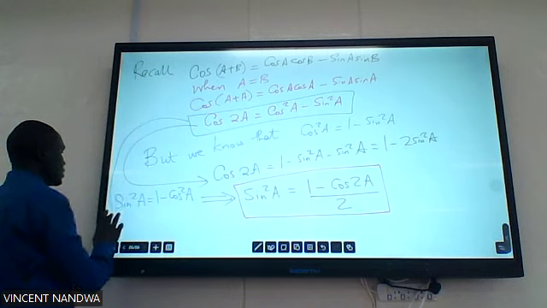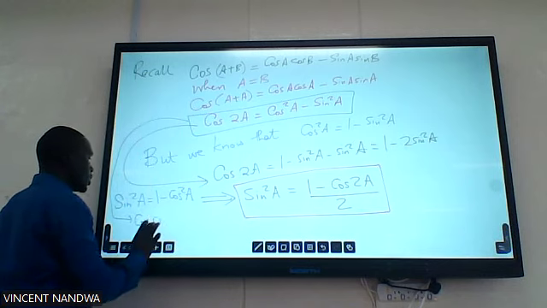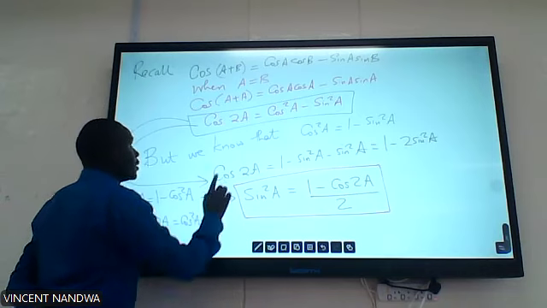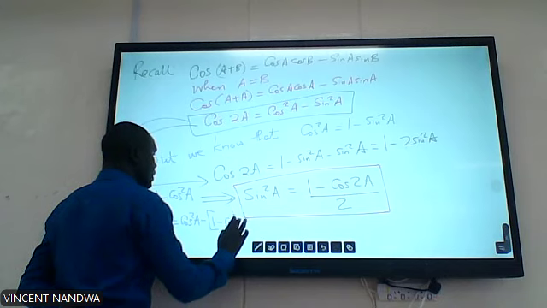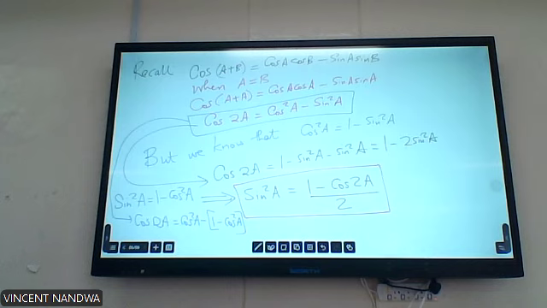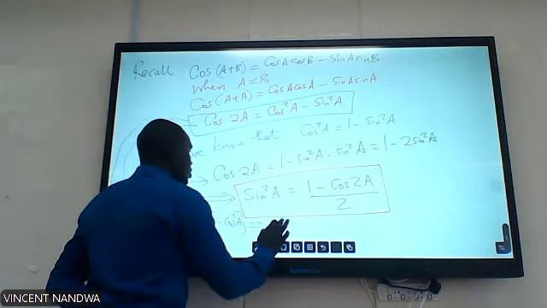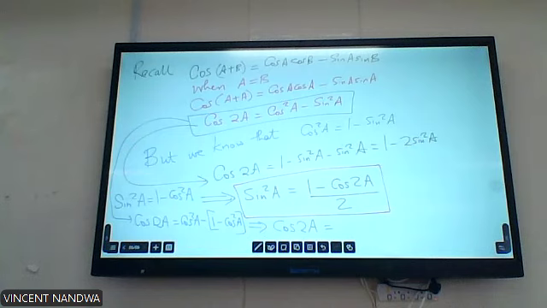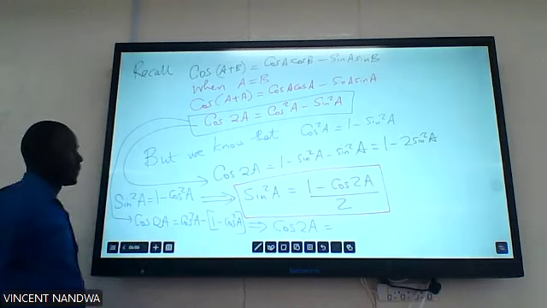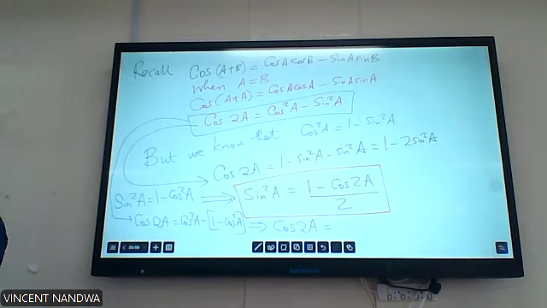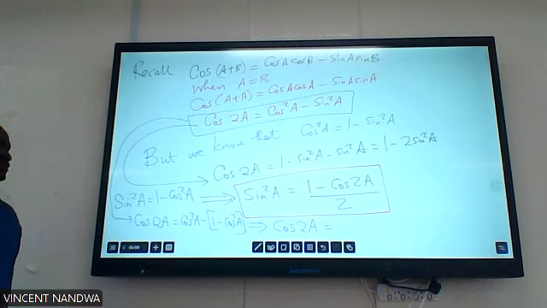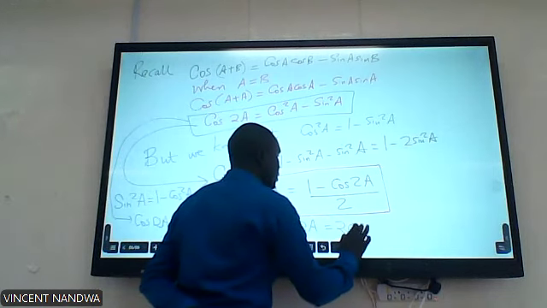So cos 2A is the same as cos squared A minus, in the place of sine squared, I put 1 minus cos squared A. So when I open brackets and collect terms, I get 2 cos squared A minus 1.